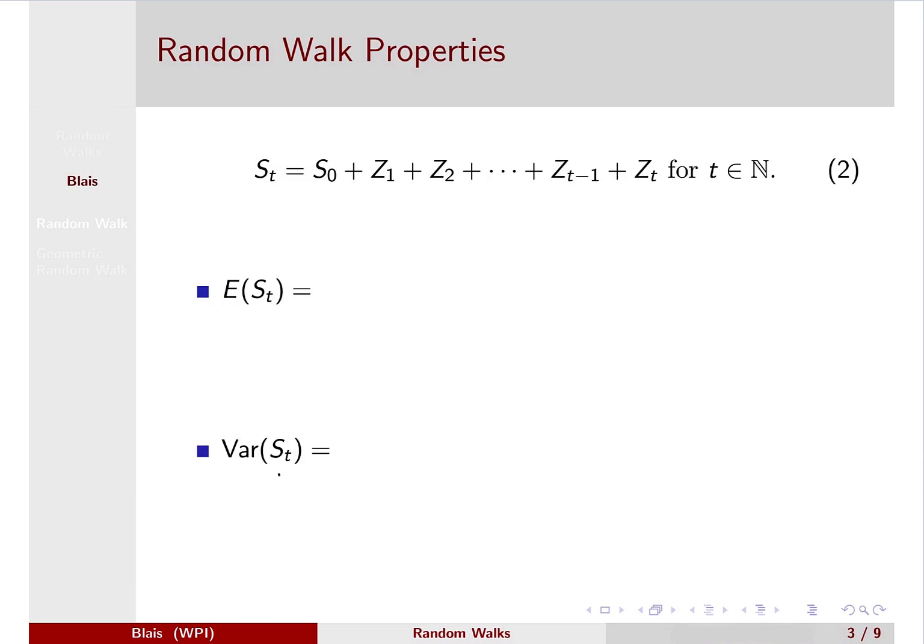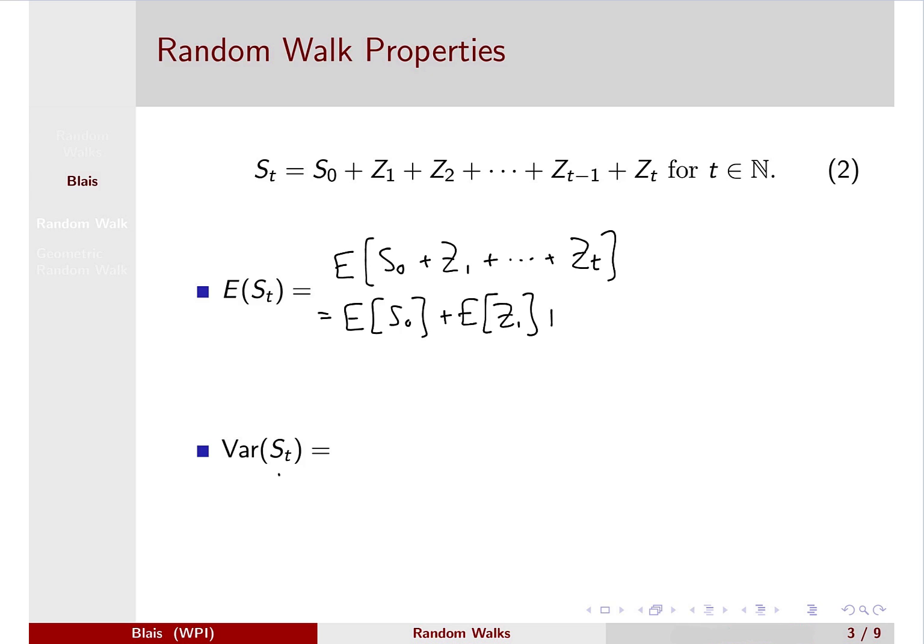Let's look at how the variance and the expectation work out. So first, if we take our expected value, this is the expectation of what we have in equation 2 here. Linearity of expectation allows us to write this as the sum of the expectations: expectation of S naught plus expectation of Z1, up to expectation of ZT.